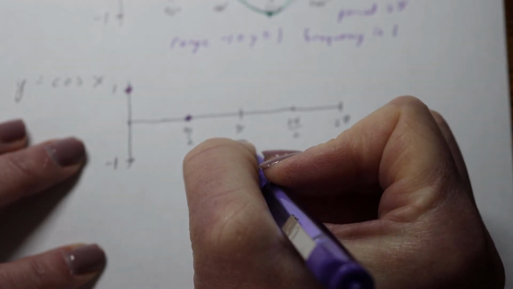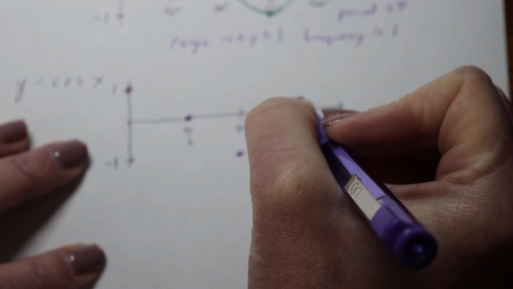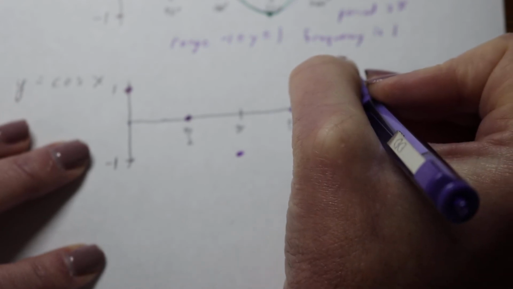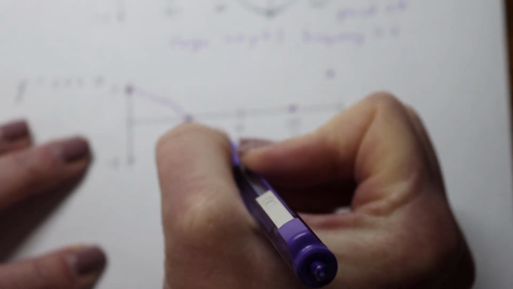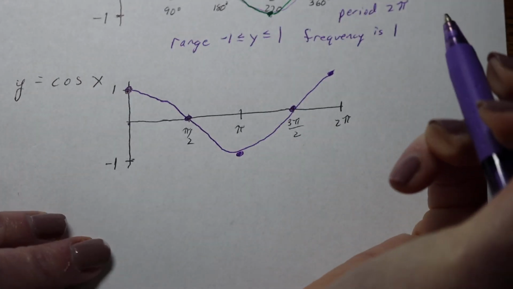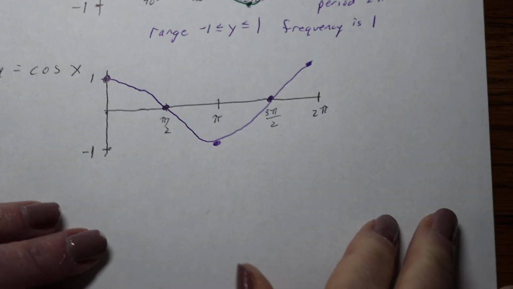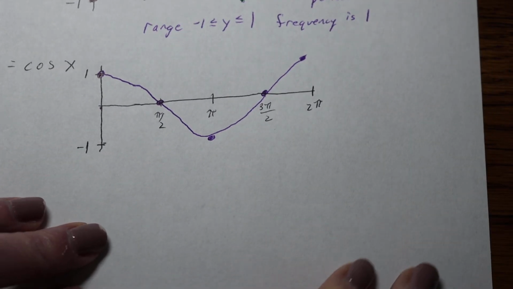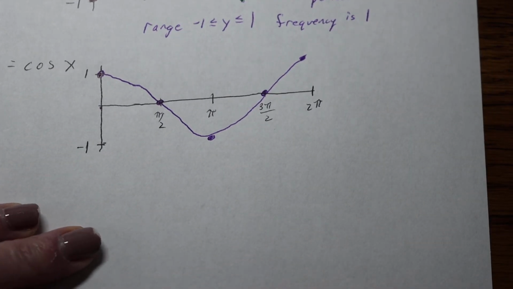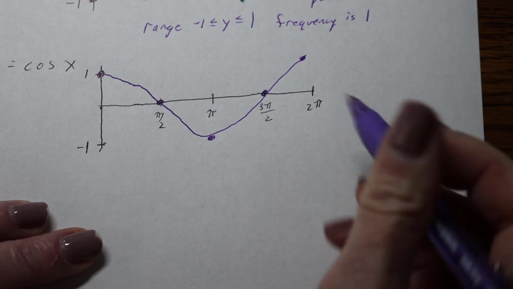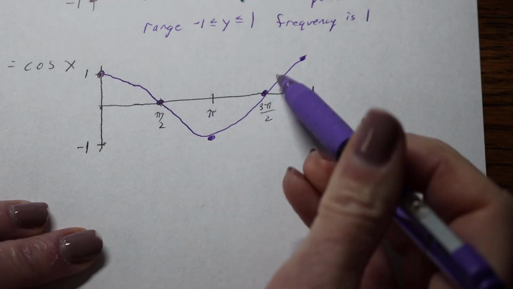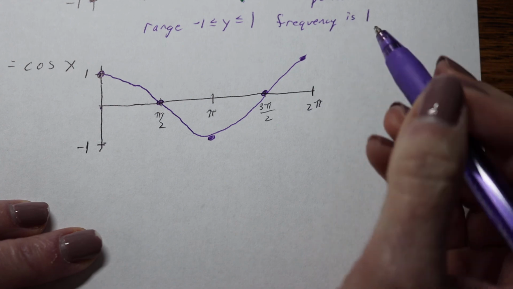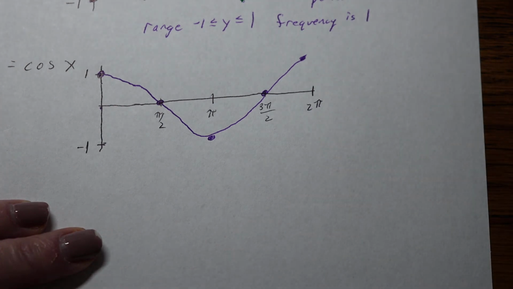It gets its minimum at pi, comes back to the x-axis, and then comes back up to a height of 1. So it kind of makes, it's a little sloppy, but it kind of makes a U shape as it goes through what it needs. So where the sine was kind of a sideways S, cosine, you kind of call it a sideways C. That might be stretching it just a little bit.